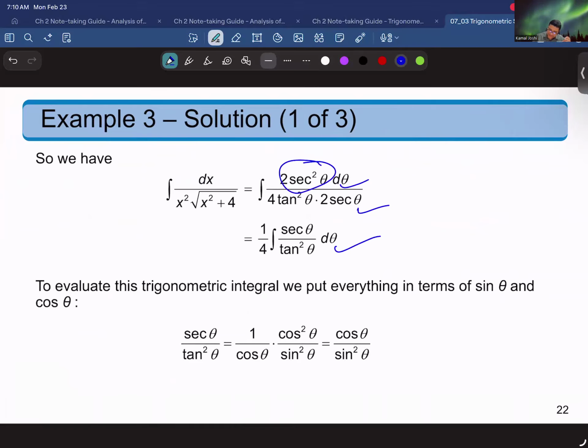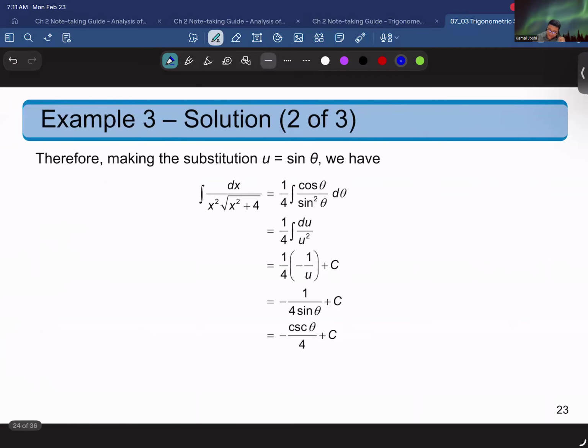What do I get? Sec theta over tan square theta. Not easy for me to process that, so convert it in terms of cos and sine. Always, the go-to method is to convert it in terms of sine and cos. And that gives you cos theta over sine square theta, and that should be doable.